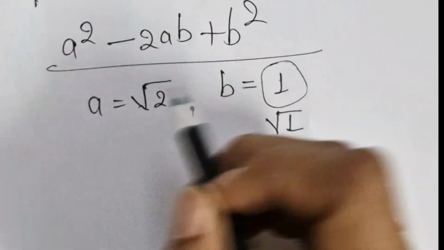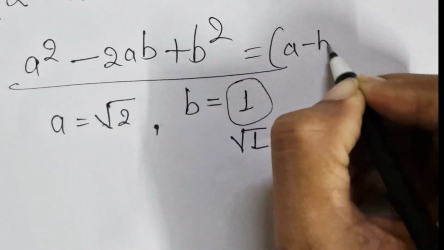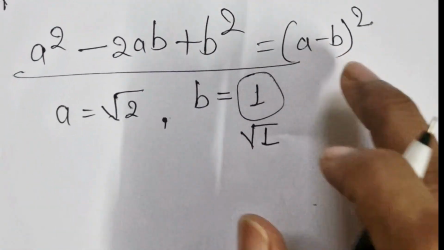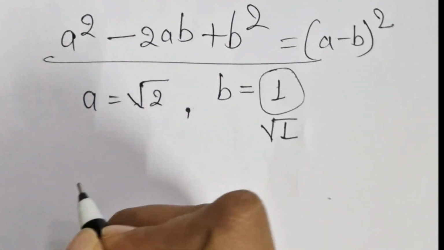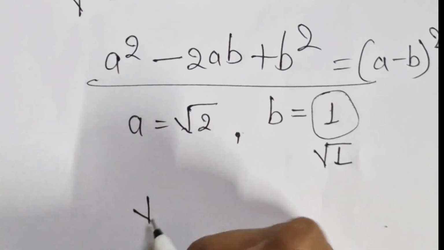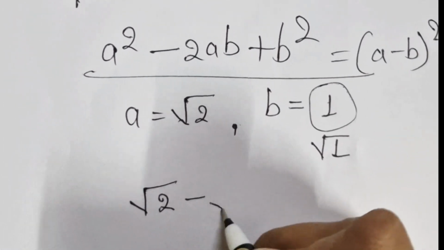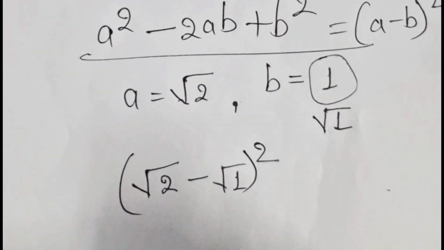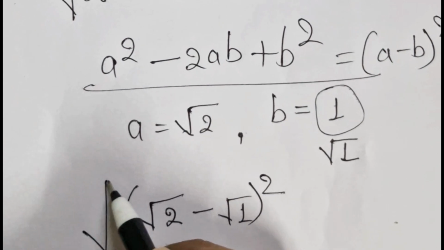So this formula is equal to (a minus b) whole square. So we will write all the values of a and b in the form of (a minus b) whole square. Okay, so a is root 2 and b is root 1. So (a minus b) whole square, and here is the whole root also.